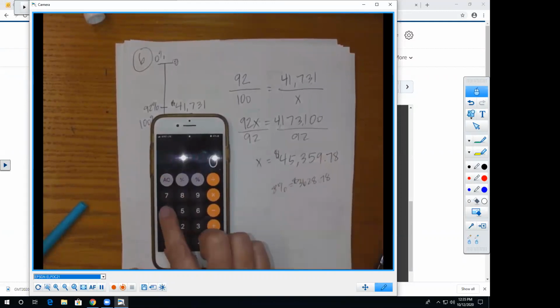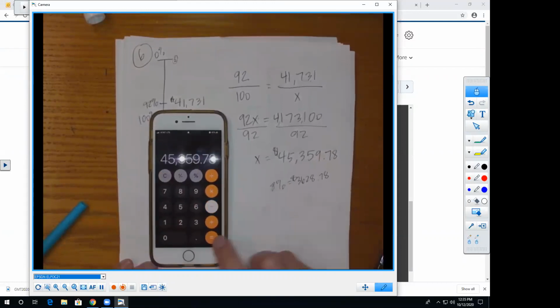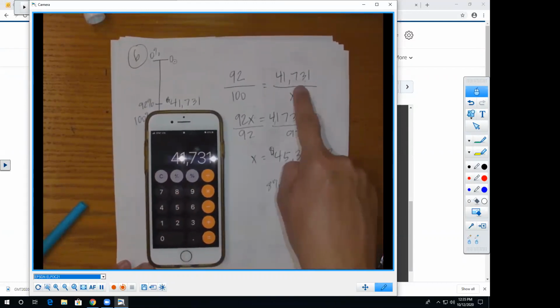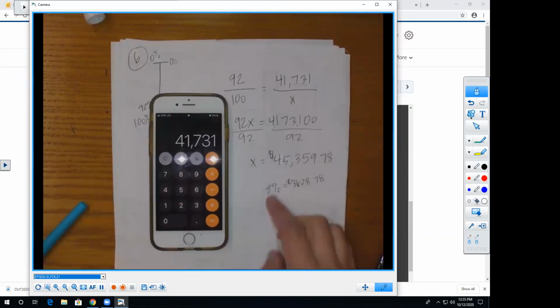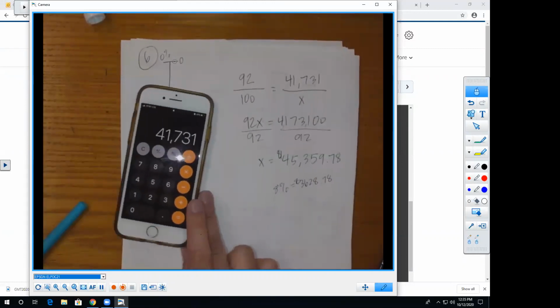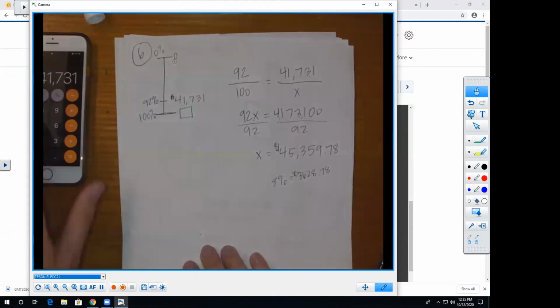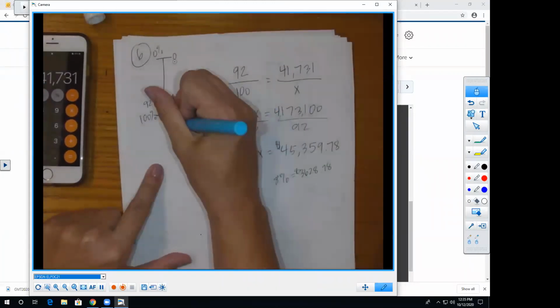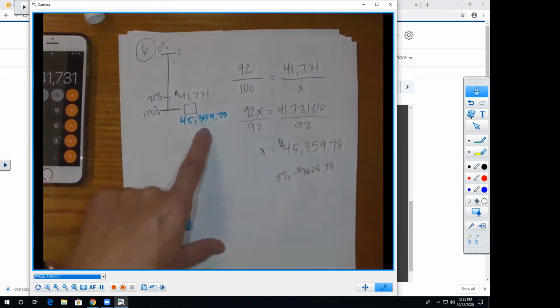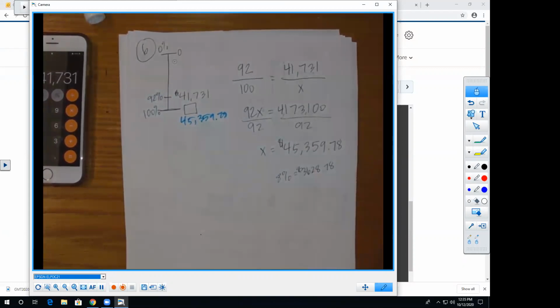So if I take my original salary, $45,359.78, minus the 8% they're taking off, I should get what I started with, not we, sorry, her reduced salary, which is the number they gave us in the problem. Yes, that's what this number is right here. $45,359.78 was her salary last year before she got the pay cut.